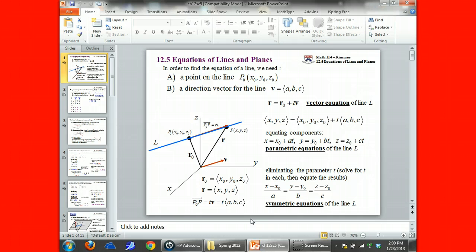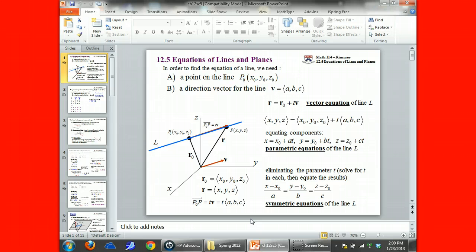Last time we started this section just by showing how to derive the formula for what we're going to call the equation of a line. Officially, it's the parametric equations of a line. This is a three-dimensional line, so we have to be able to come up with some kind of formula to tell us exactly what x, y, and z, the points on the line, are.